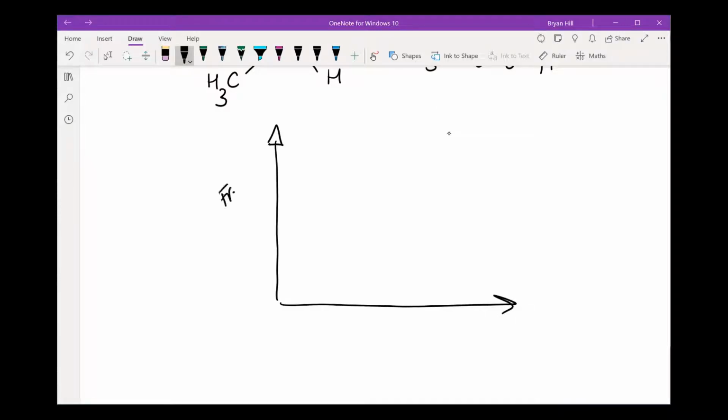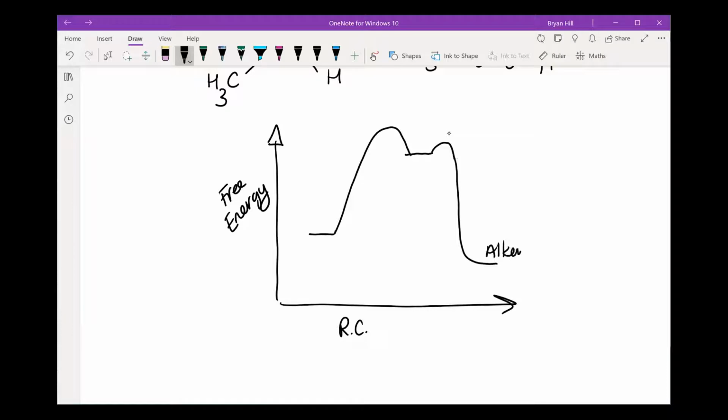So, free energy, reaction coordinate. Got some alkene. The rate determining step is a bit higher. Starting material. So here would be our carbocation.